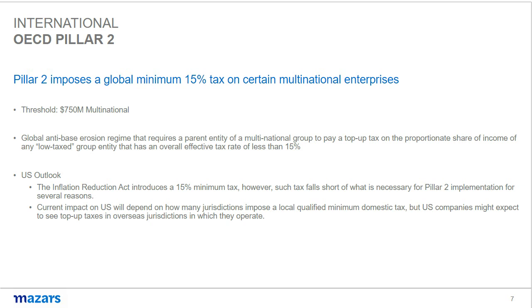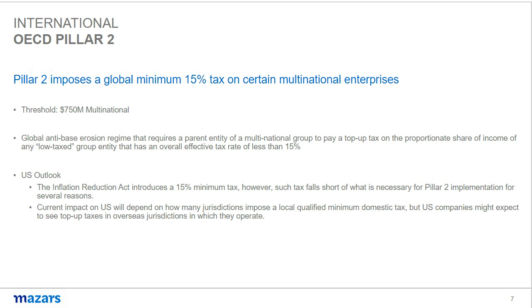From a U.S. perspective, currently the U.S. legislation doesn't really allow or permit the implementation of Pillar 2. GILTI is one of the things that needed to be changed in order to implement Pillar 2, both needing to be computed on a jurisdiction-by-jurisdiction basis, so you wouldn't be able to offset tested income and loss of various entities, but also the rate imposed under GILTI would have needed to change.